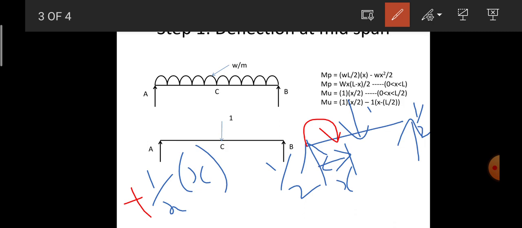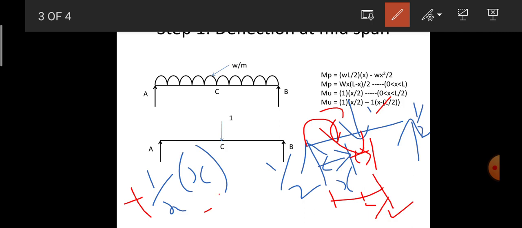After that, due to the application of this load, that is 1 kilonewton, if I proceed to find out the moment, the overall distance will be L by 2. So this distance is equal to L by 2 minus x. Therefore minus 1, since it is in the anti-clockwise direction, through this section I need to pass the moment.